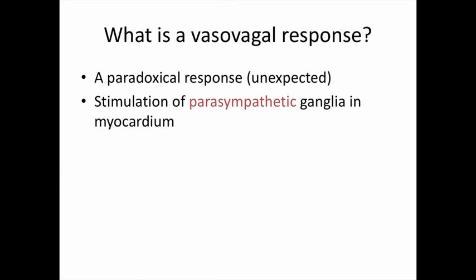And so what we'll see in this case is the stimulation of the parasympathetic ganglia in the myocardium, which of course is going to have the opposite effect of what we would want, because it's going to cause the heart rate to decrease, right? And we already have this issue of the decrease in cardiac output, which would lead to a decrease in blood pressure. There are also, I went digging around looking for some other explanations for this.